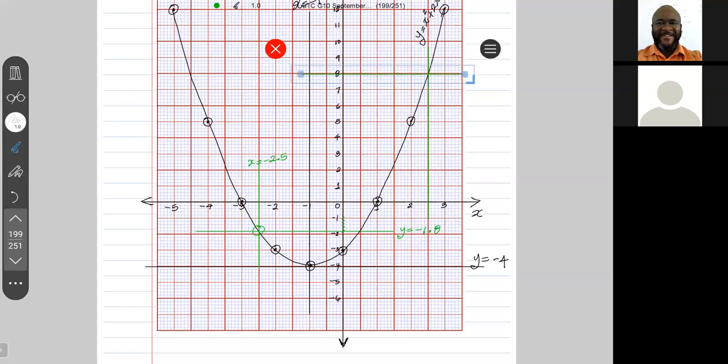Guys, this horizontal line looks like it is the line y is equal to 8. So when x is equal to positive 2.5, y is equal to 8. When x is equal to minus 2.5, y is equal to minus 1.8.